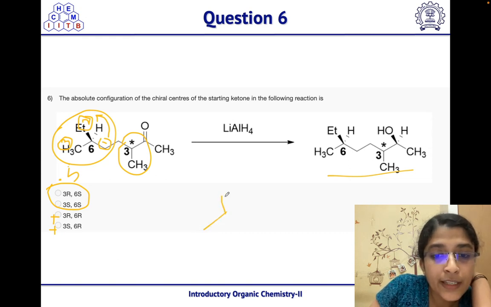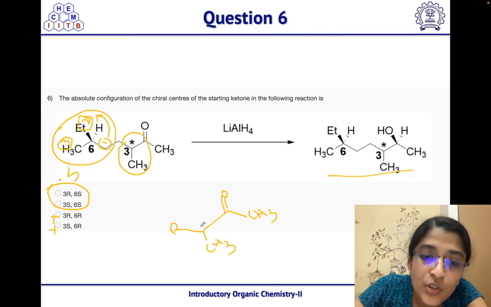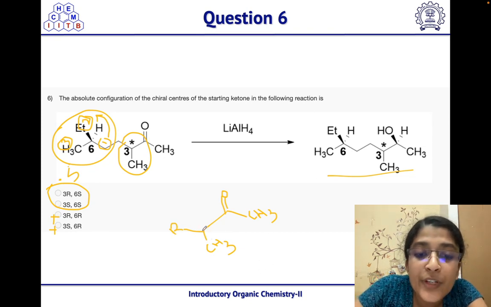So we can draw like this. Actually I'm drawing it with this keypad only, so it will take a little time. This can be CH3, and this group we can label as R group. So we need to know what is the configuration of this methyl.